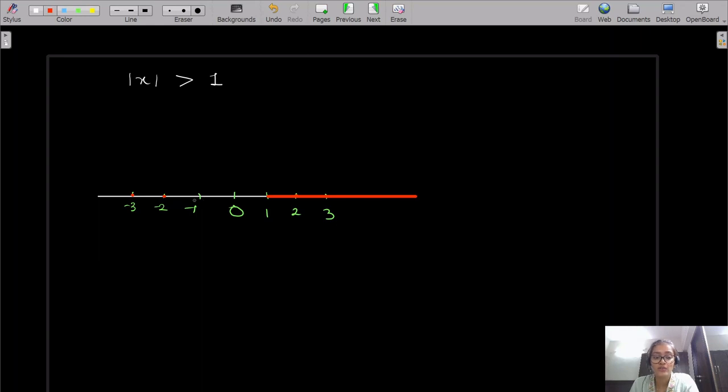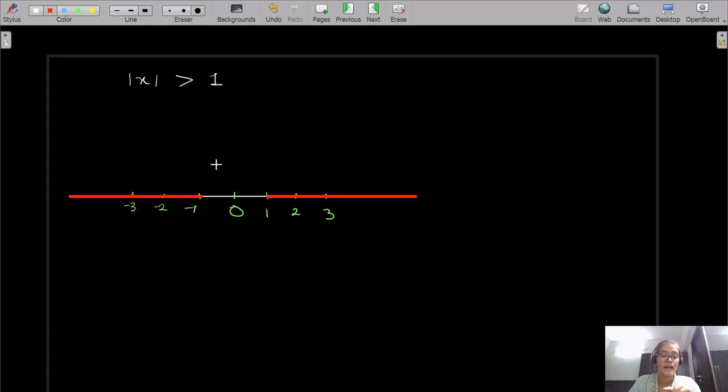So all the numbers which are less than -1, they will be also the solution to this inequality. So these numbers that I have highlighted with red color, they are all going to be the solution to this inequality.